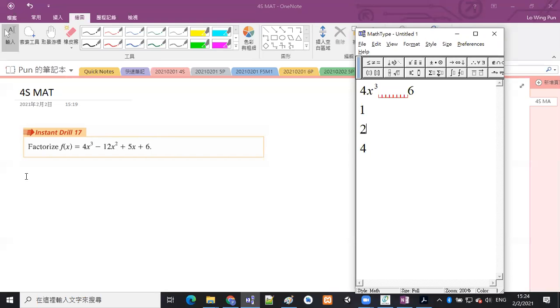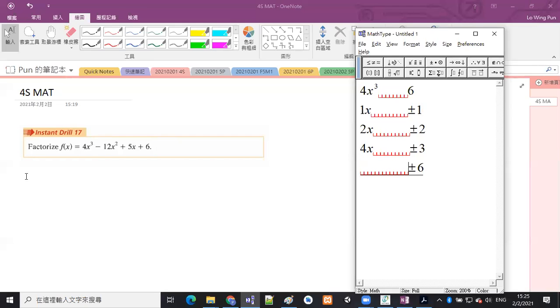Because it is in the x cubed position, we assign an x to this: 1x, 2x, 4x. And for the constant term, again we need to write down all the factors: 1, 2, 3, and 6. Each of them we need to give a plus or minus, so 2 possibilities.